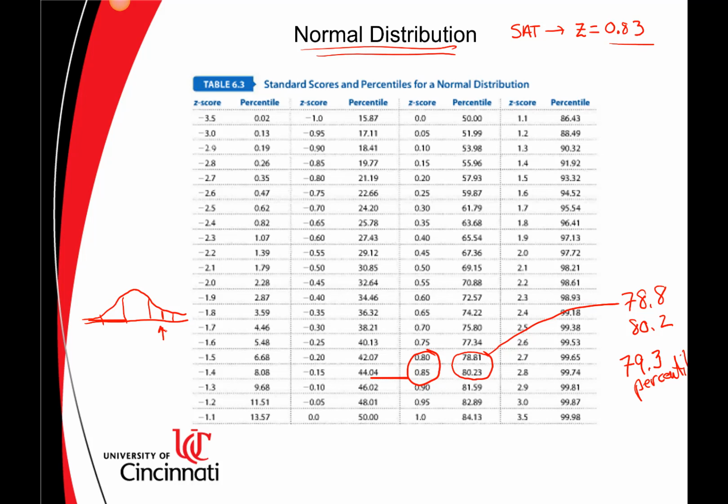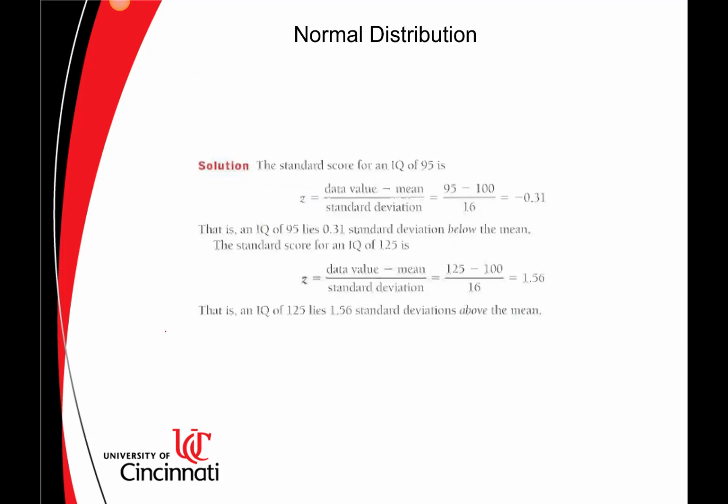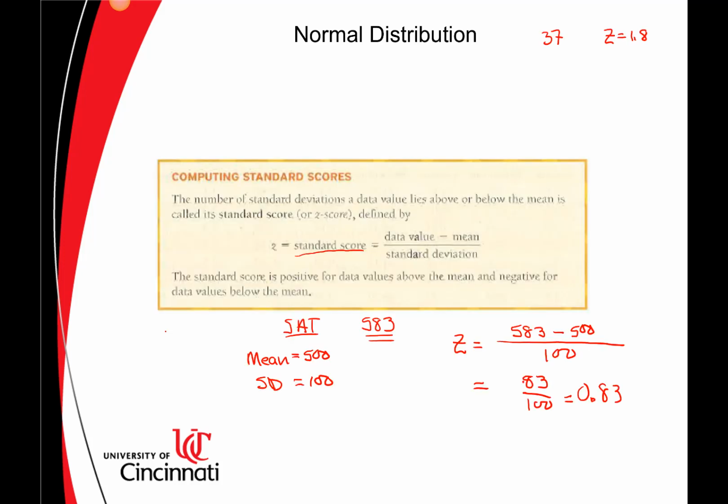This puts the person in the top 20%. Does that make sense how to do the z-score? Now, one of the things I want you to remember is these z-scores are really easy to do. You take whatever number you've been given, you subtract the mean, and you divide by the standard deviation.